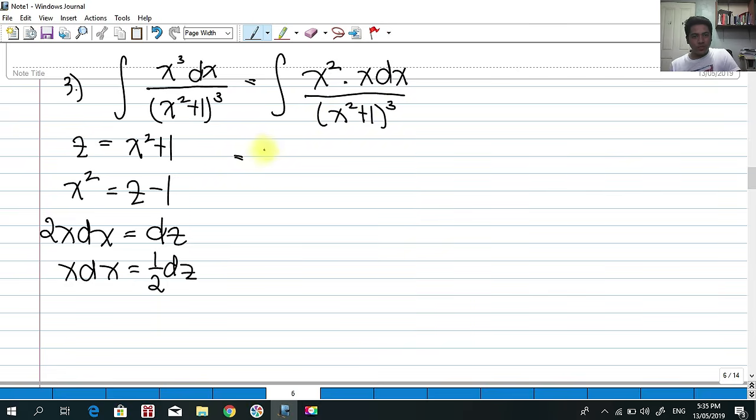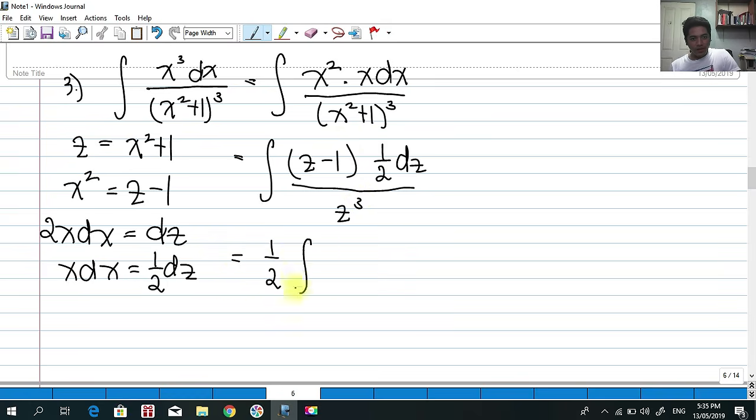So that we can substitute: x squared is simply z minus 1, x dx is 1/2 dz, and x squared plus 1 is z raised to 3, which is cube. We can factor out the 1/2 outside the integral so that we have 1/2 the integral of (z minus 1) over z cube dz.